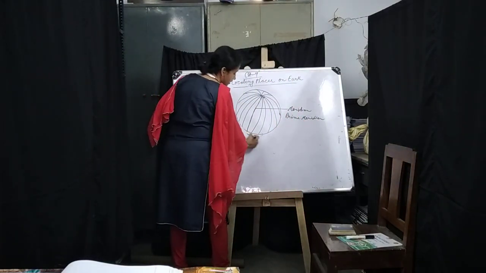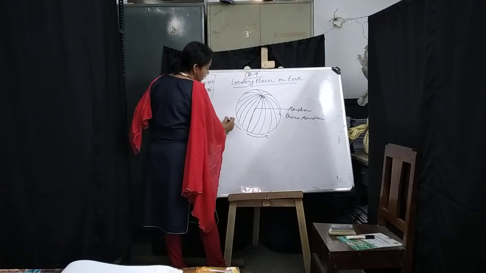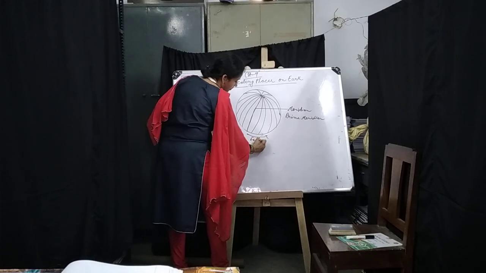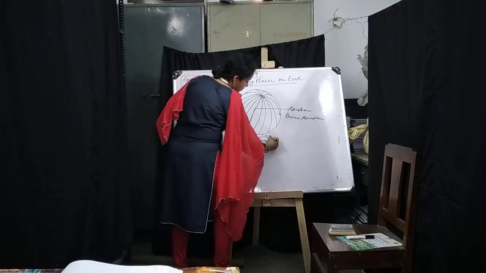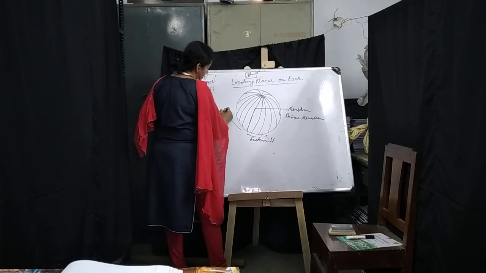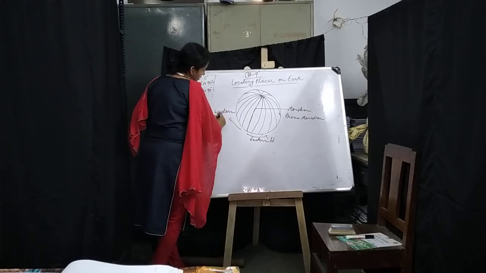Now this prime meridian divides the earth into two parts, the eastern hemisphere and the western hemisphere.